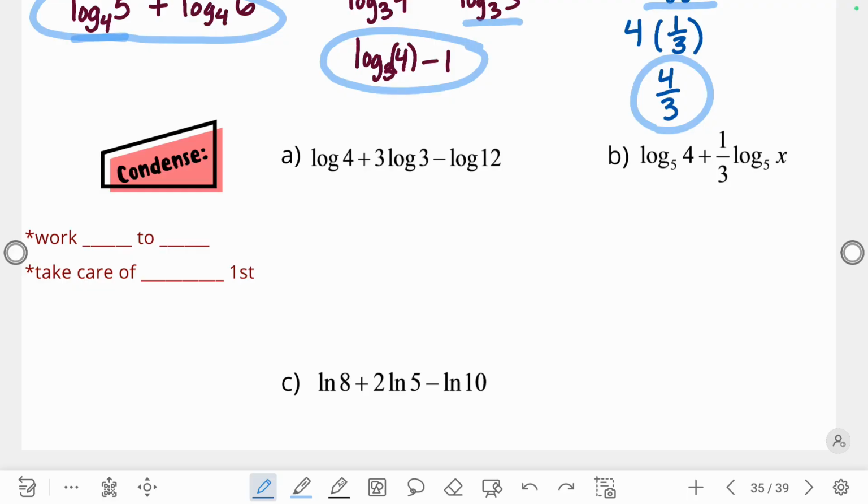I would strongly suggest working left to right anytime you're condensing. Part of that is just due to the signs that you're seeing, addition and subtraction. Sometimes that makes it a lot easier to condense. But before you do anything else, you should always do exponents first.